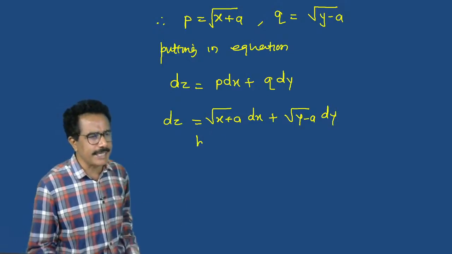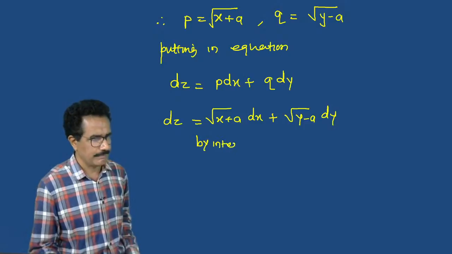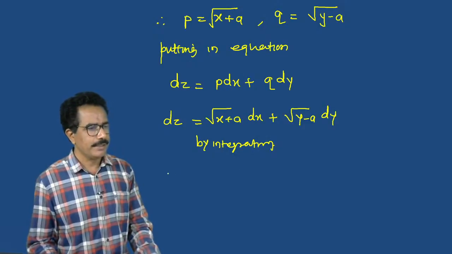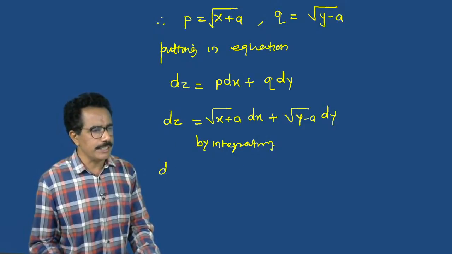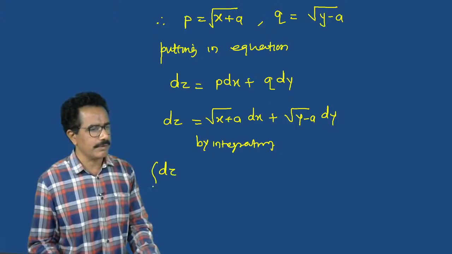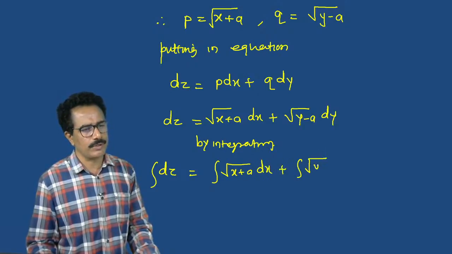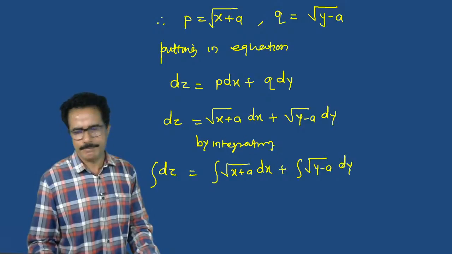Then by integrating, now take the integration of dz: integration of dz is equal to integration of root of x plus a dx plus integration of root of y minus a dy.